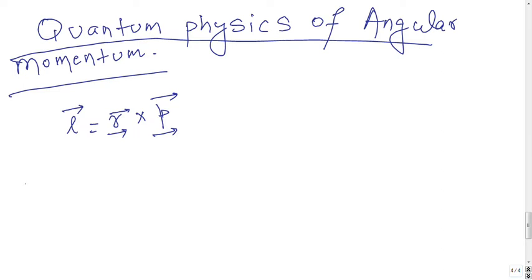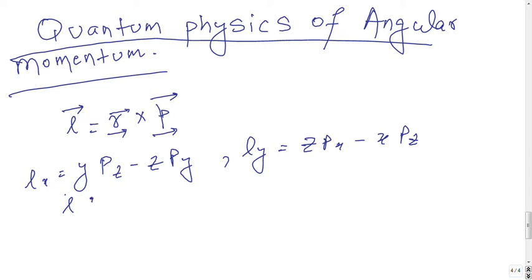So if you look at it component wise, it is given by this. Lz was given as x times py minus y times px.